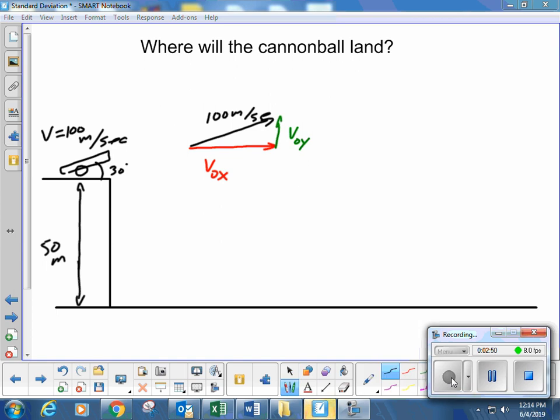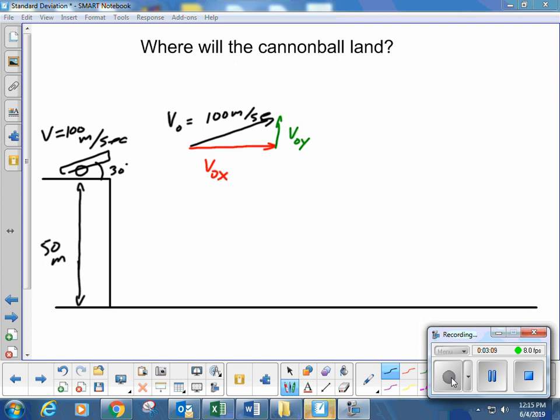And of course, the 100 was the original velocity in the first place. The velocity of the ball may change as it's in flight, but the velocity with which it was launched remains the same. That was 100, and then after it's launched, it can change. But what we're concerned with right now is the original velocities.